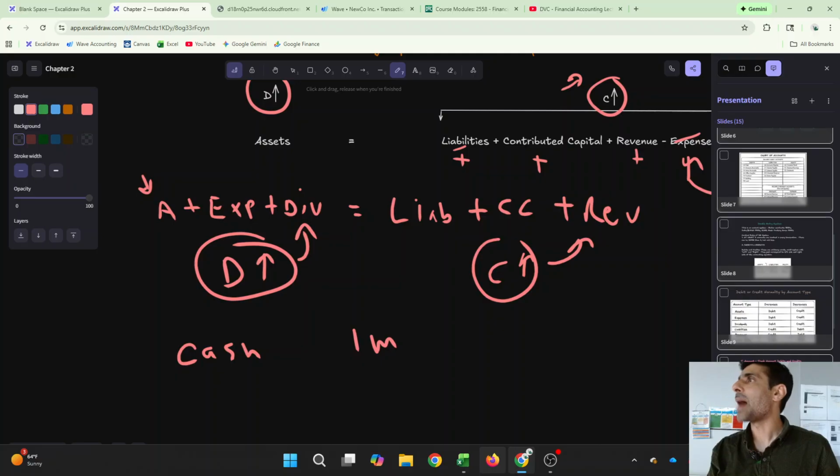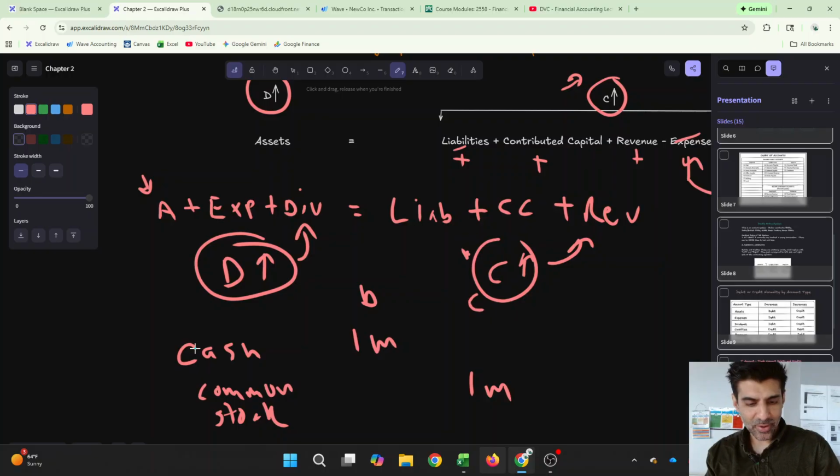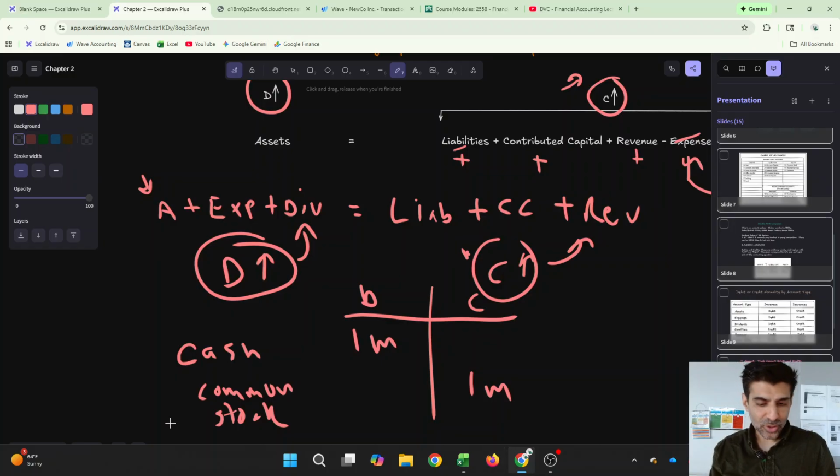We have these new shares that are coming into existence, so that's an increase in the contributed capital. That means common stock is going up. Since it's on this side, it's going to be a credit of 1 million. So this is the debit and this is the credit. We have kind of columns.